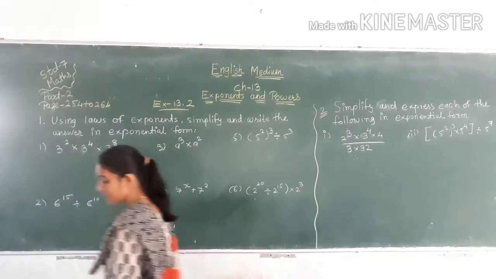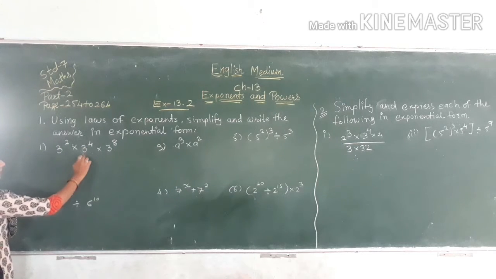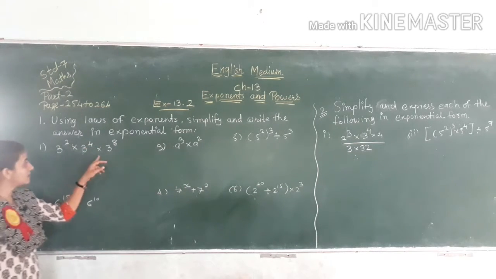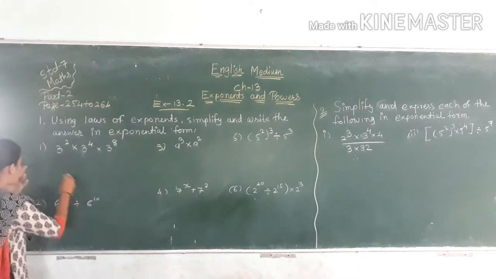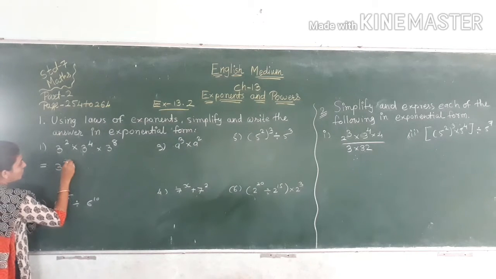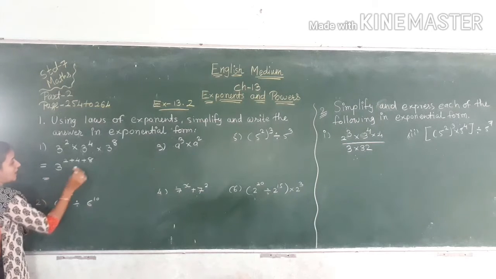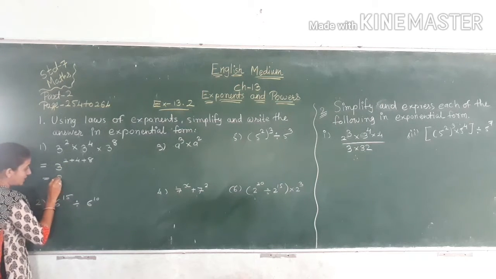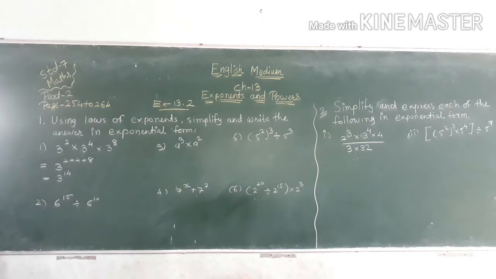So here 3 raised to 2 multiplied with 3 raised to 4 multiplied with 3 raised to 8 gives 3 raised to 2 plus 4 plus 8. 8 plus 2 is 10, plus 4 is 14. So we get the answer 3 raised to power 14.